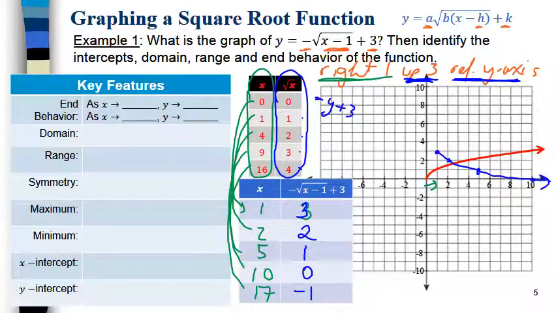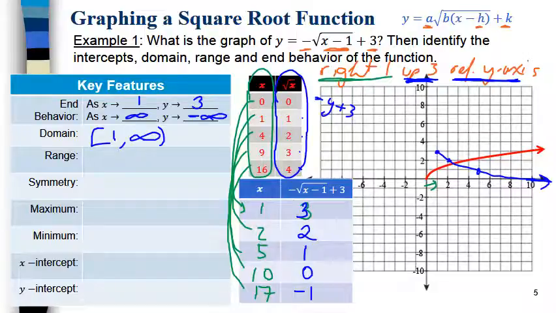And when I talk about the key features, as x goes to 1, because it doesn't go to negative infinity, y goes to 3. As x goes to infinity, y goes to negative infinity, because my values are going down here. My domain is going to be x values from 1 to infinity.